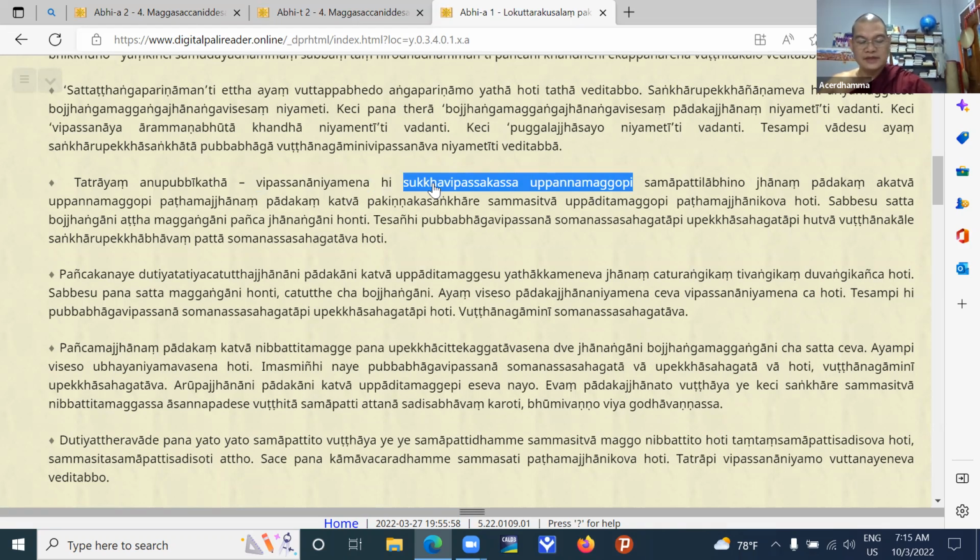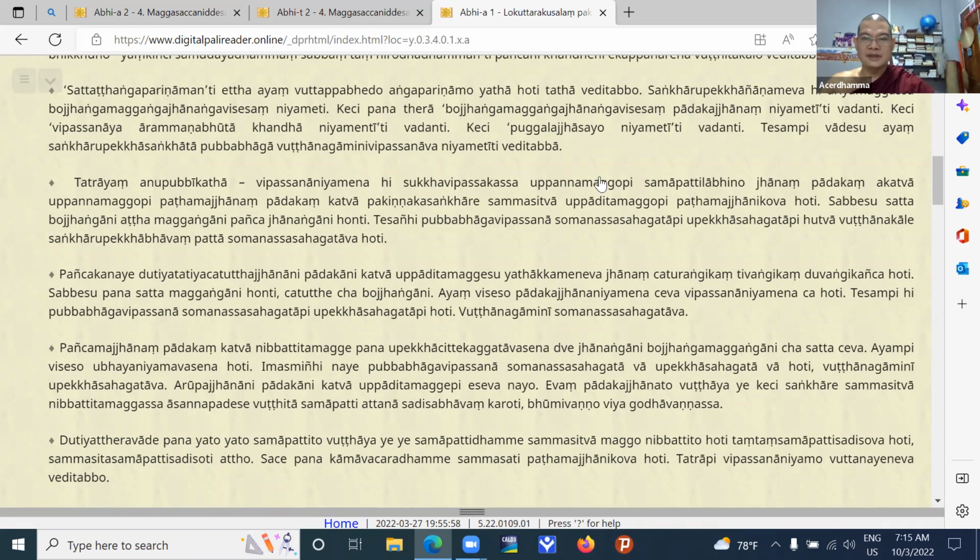Sukha Vipassaka, dry Vipassana, means the Vipassana doesn't concern any jhana, just the Vipassana object here, the 5 khandas. The person observes the 5 khandas as anicca, dukkha, anatta.